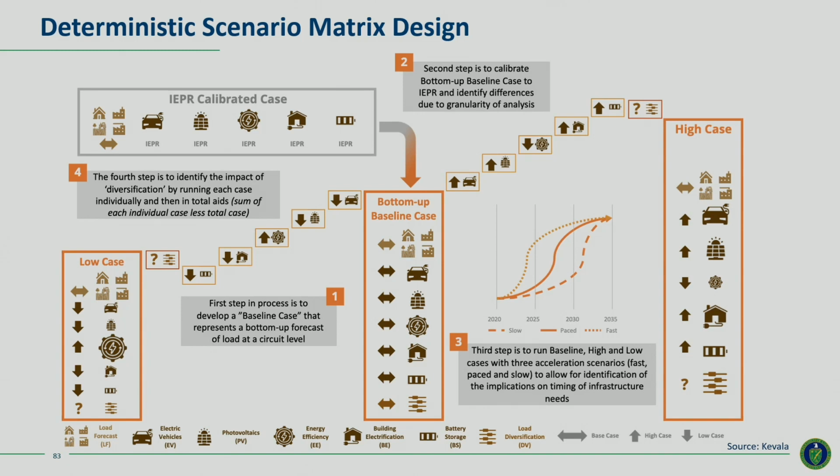So what is the speed of adoption of all of these technologies? Where are you ending? What's the target? But also how fast or not you might be getting to it. That's a way of doing scenarios. It is still not probabilistic because the scenarios are still deterministic. You are saying there's going to be X amount of EVs by this time, but it allows you to see a different range of features.